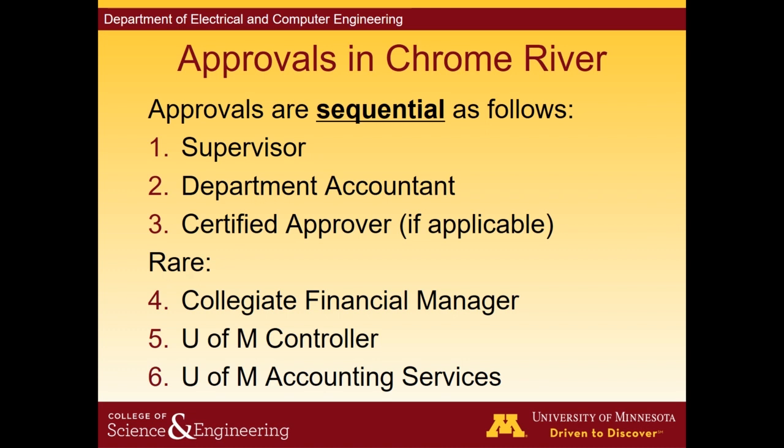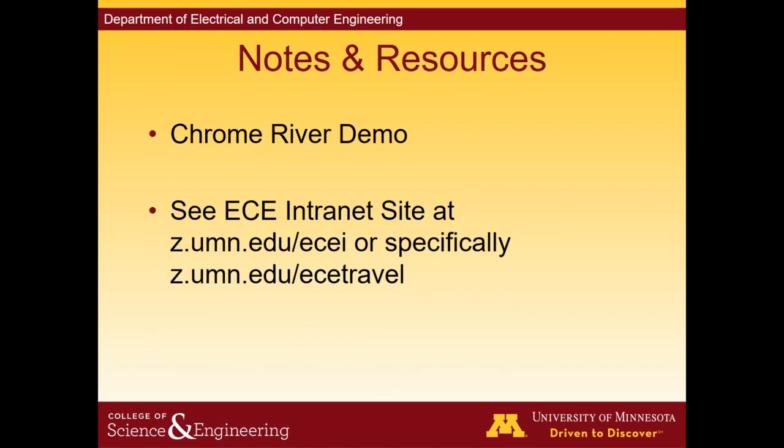We can't change where it routes to, so in that case, your supervisor may have to do some cooperating, in the sense of sending that approval to the person who should actually be signing off on the travel and sending that back, and that can be added as documentation in the whole process. So those are things we need to work out. Certainly seek help if you need to figure out what to do in those situations.